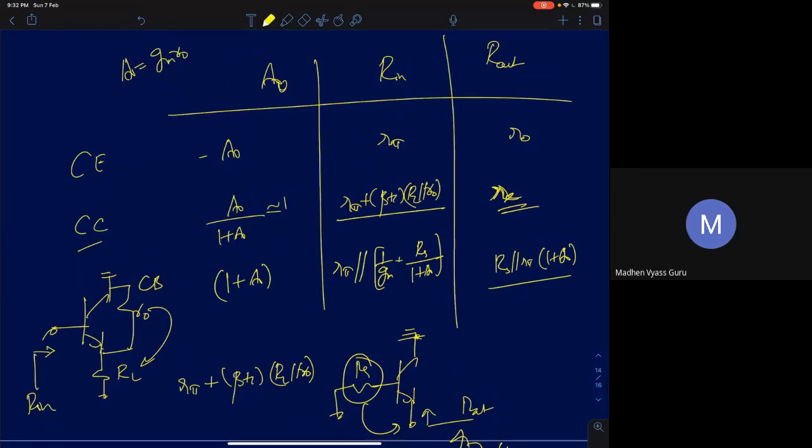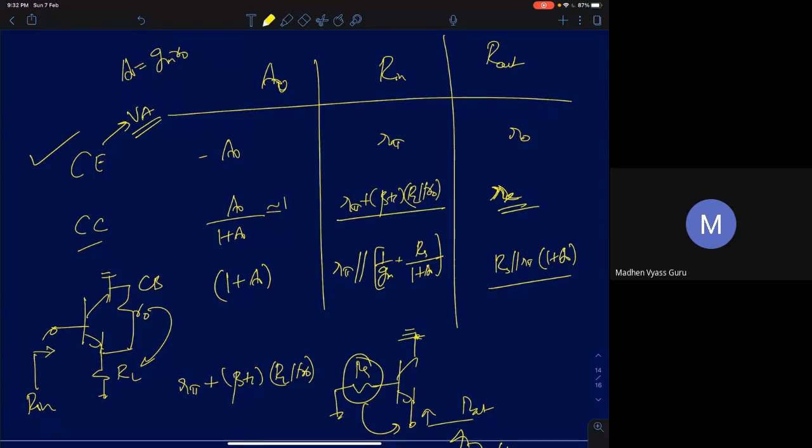And what were the applications for all these amplifiers? Which of the amplifiers is best suited for voltage amplification? Common emitter. Common emitter is best suited for voltage amplification. Is common emitter alone suitable? Let's say I don't care about the voltage gain. Which one is best suited for voltage amplification? It should have a high input resistance and very low output resistance. Which amplifier has that combination?